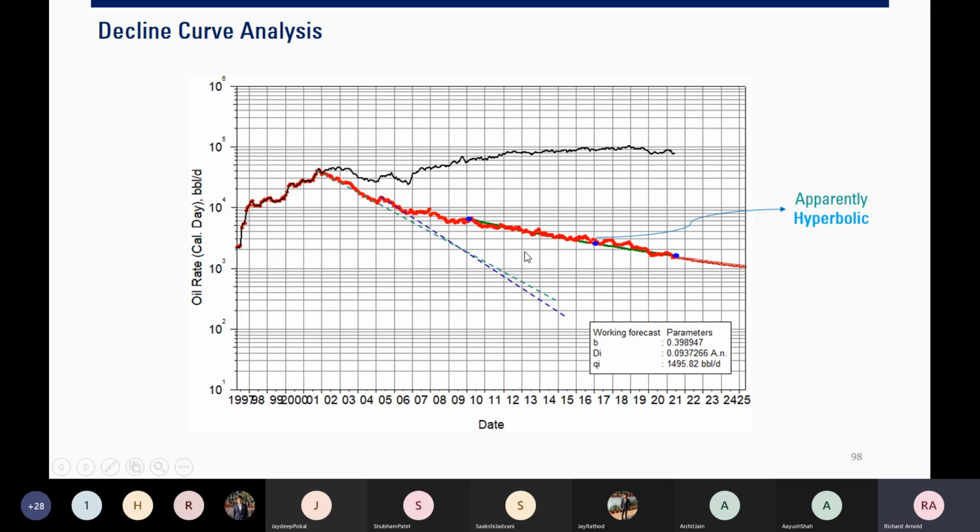And of course, if we forecast this interval exponentially, it will give you lower reserve, lower ultimate recovery. Okay, but because you provide water flood for your production, you can achieve lower decline rate and hyperbolic trend, which will finally give us higher estimated recovery.